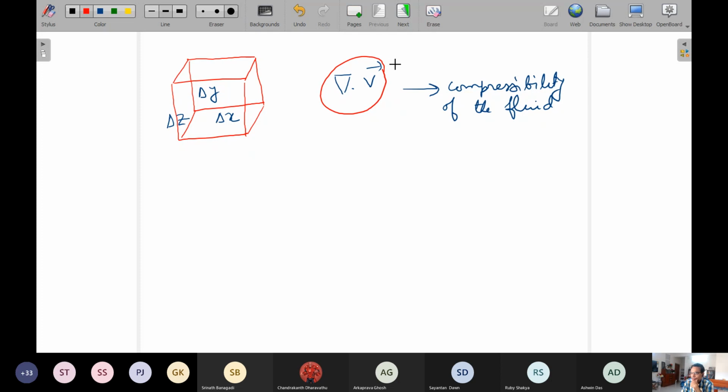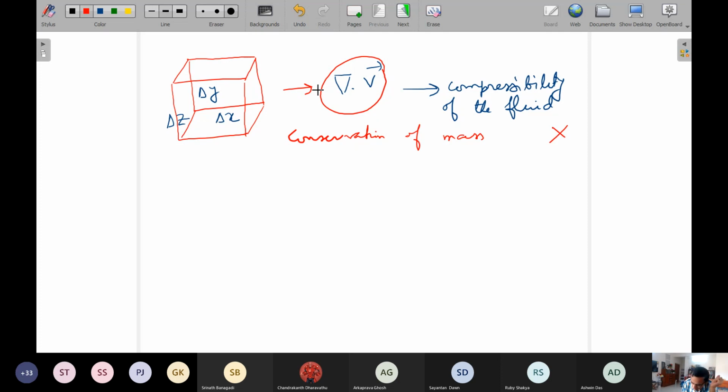Now, why this is important is that we did not refer to any principle such as conservation of mass. Conservation of mass is a very important principle, but we have not applied it to come up with this expression for the change in volume.